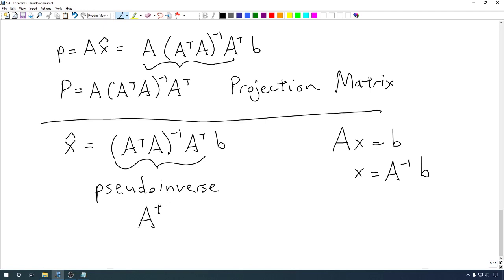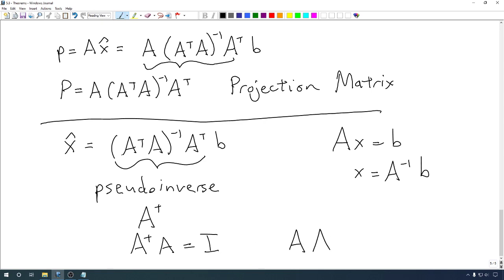Sometimes it's denoted as A+. It is an n by m matrix. Remember, A itself was m by n, so we've actually swapped the order on that size. And it has the property that A plus times A is always the identity matrix, specifically the n by n identity matrix.